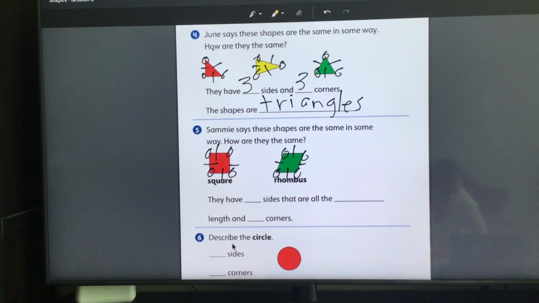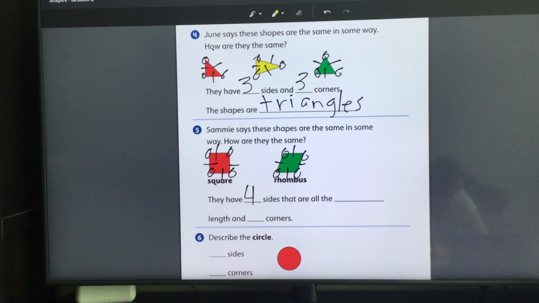So as we look down here, it says they have sides that are all the same length and corners. Well, we know because we counted them both that they have 4 sides that are all the same length.